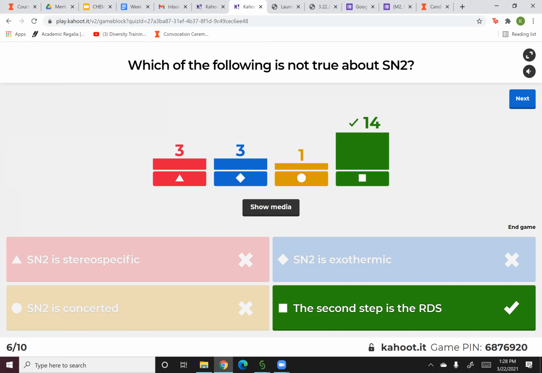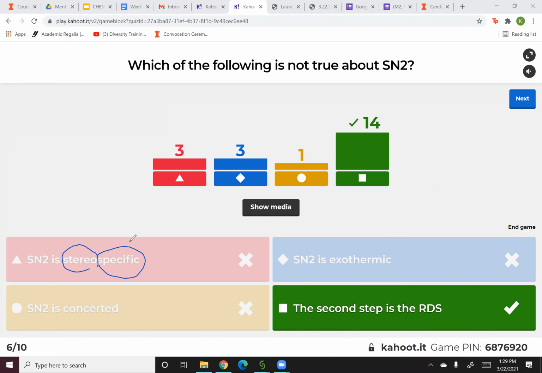Now, if we think a little bit more thoroughly, why is SN2 stereospecific? What does it mean to be stereospecific? Yes, beautiful. If you're stereospecific, we can break this word up because sometimes science makes sense like that.